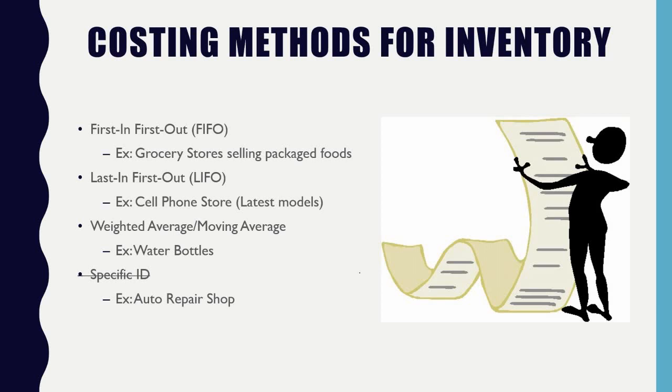This one is definitely typical for any kind of grocery store that sells perishable goods or packaged foods, because they all have one thing in common. They all have an expiration date. So that's a key factor.